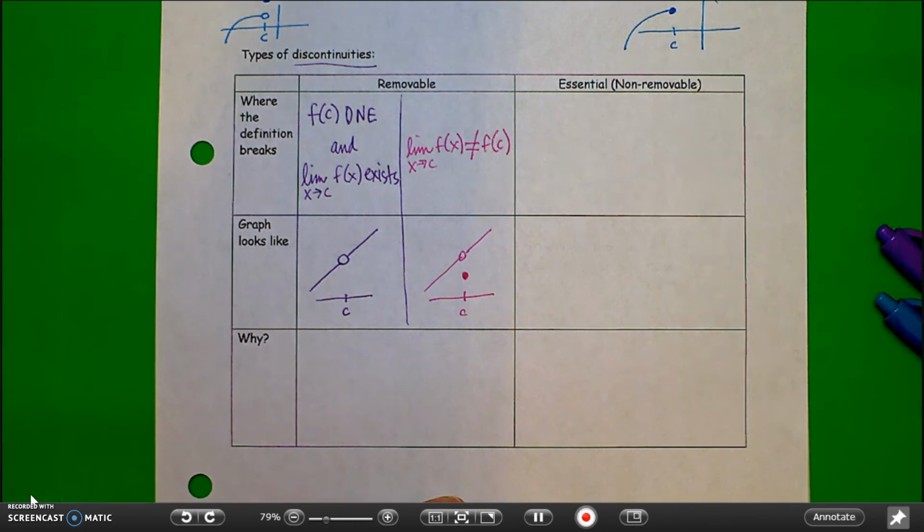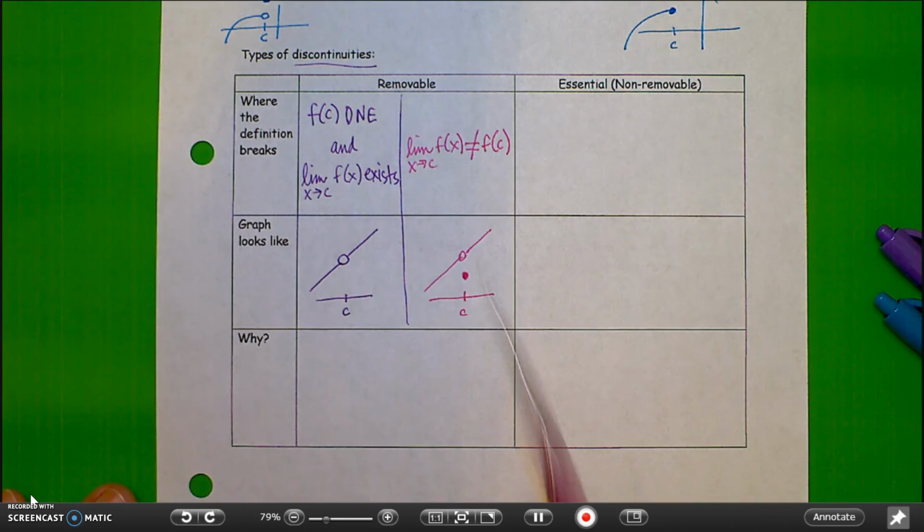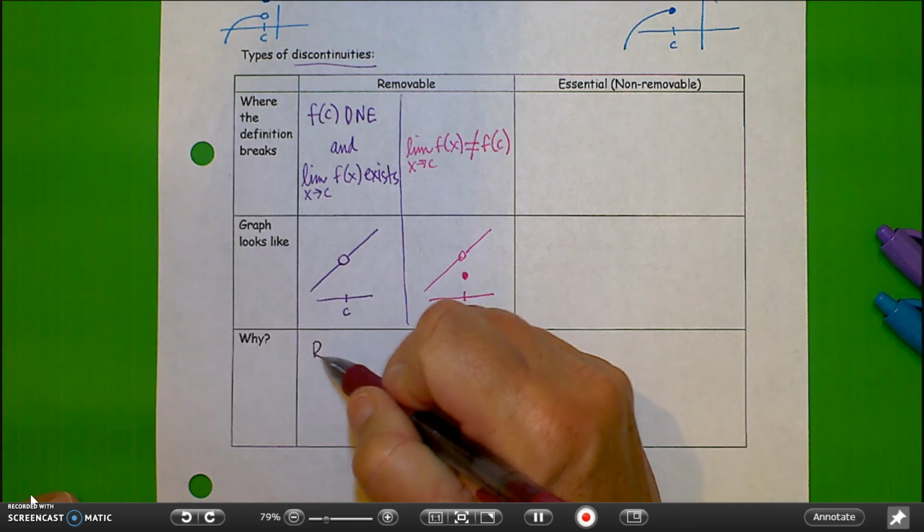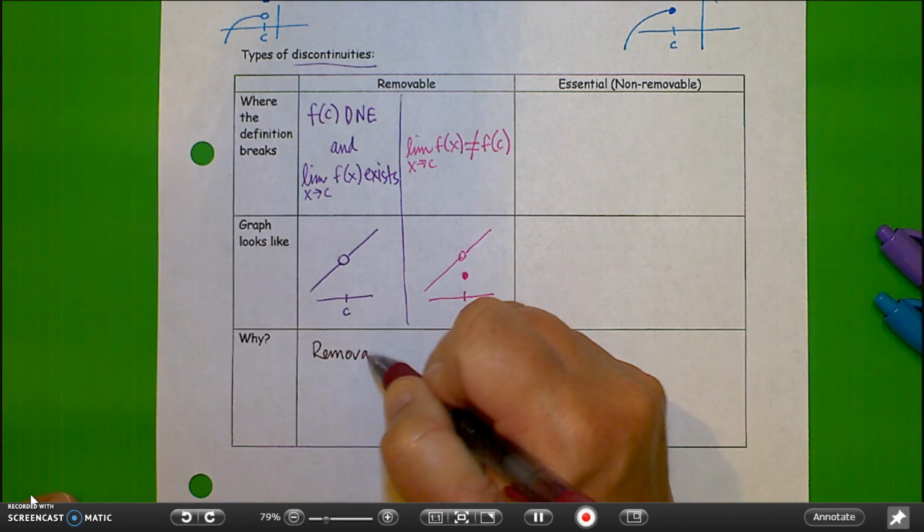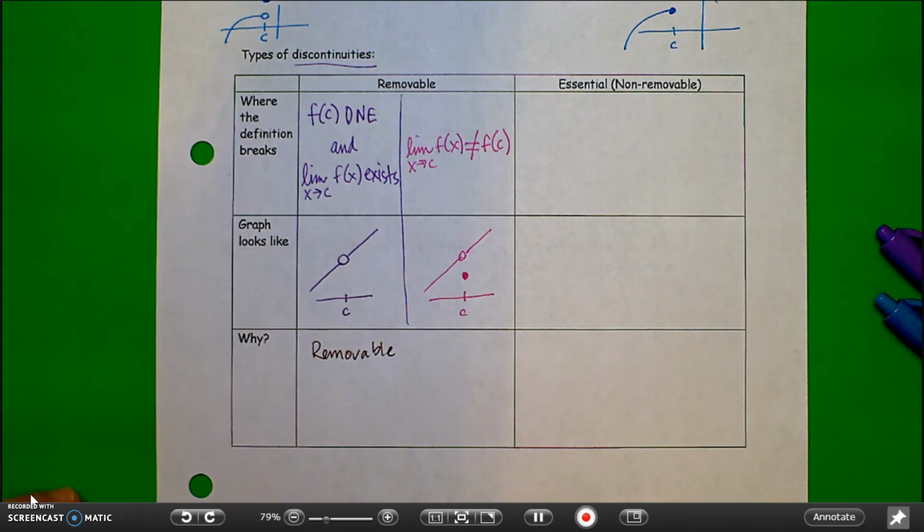Either way, the removable discontinuities are holes, and they can be removed. That might seem like a strange concept, but basically it's removable because we can redefine the function, or extend the function, a piecewise function, to fix the problem and remove the discontinuity.